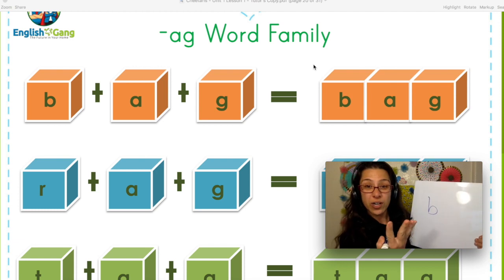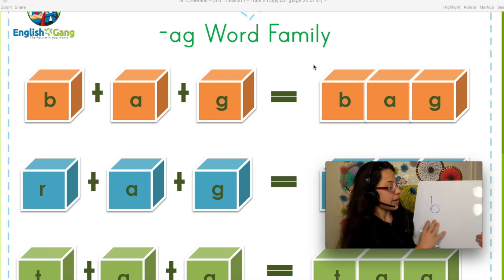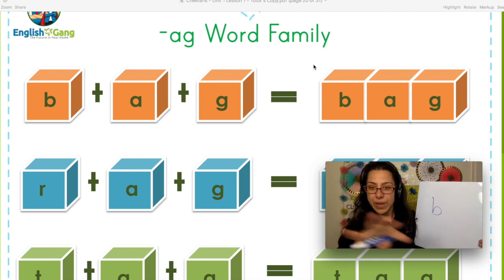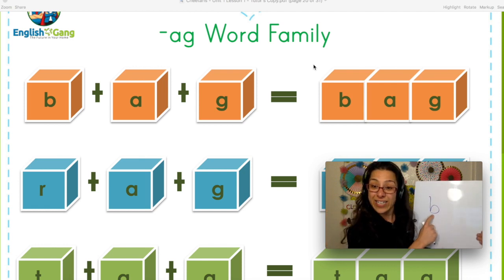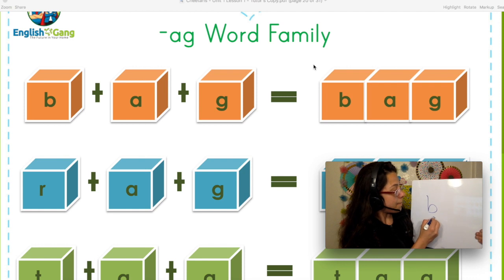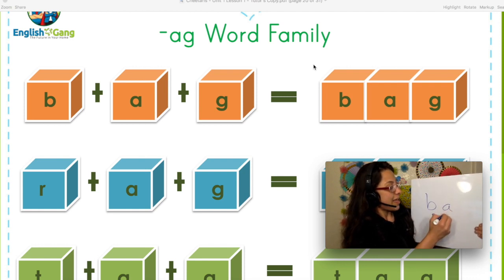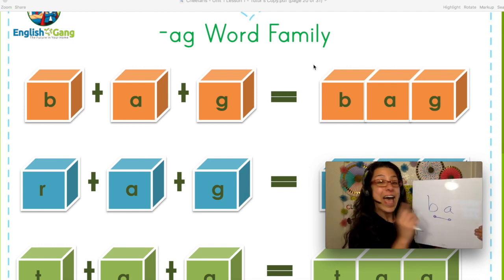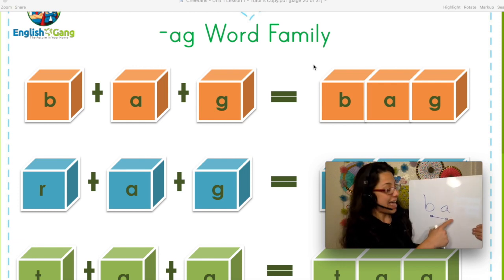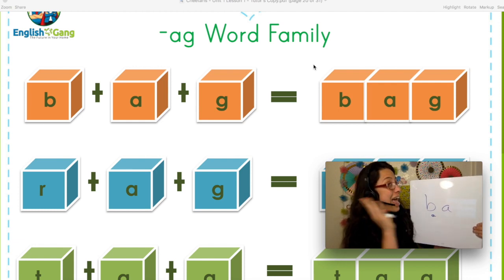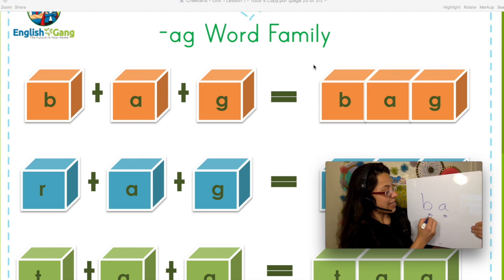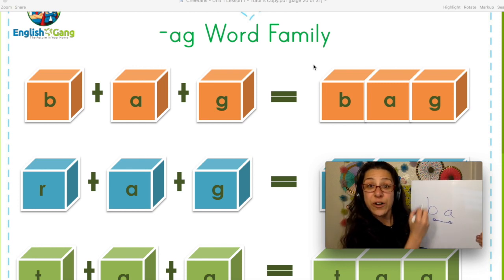So if they're struggling with blending or being able to read a word, I like to use my whiteboard and say b, b, b. And then I will connect the two letters, ba, ba, ba.